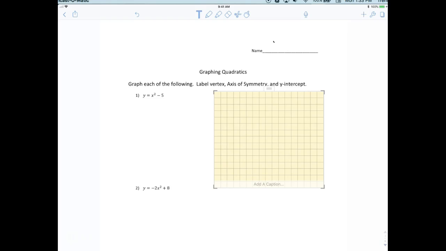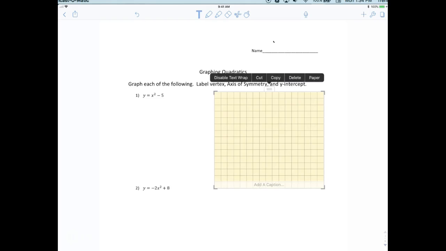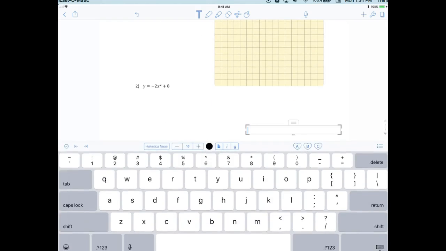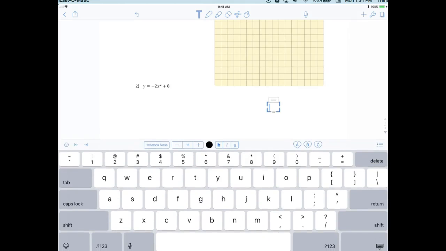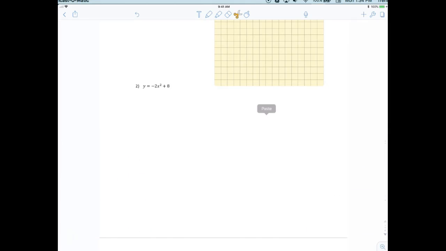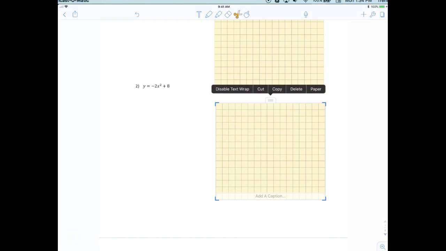Now, what I want everybody to do is, once you put that there, somebody showed me that you can copy, and then you can paste, and it's very easy.